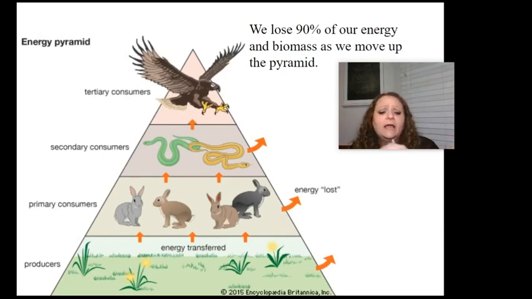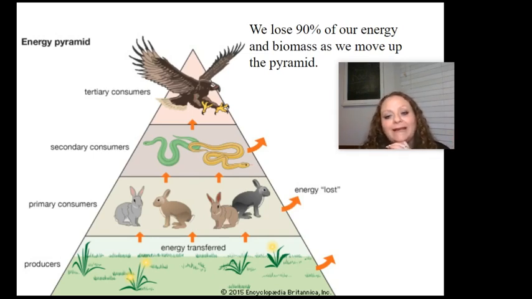On this pyramid, you can see where each trophic level is. So producers at the bottom, there's the most of them. They have the most energy and they have the largest biomass. That just means the amount of mass of living organisms at that level. Primary consumers are the second highest, but between the energy in the producers' bodies and the energy in the primary consumers' bodies is a 90% loss.